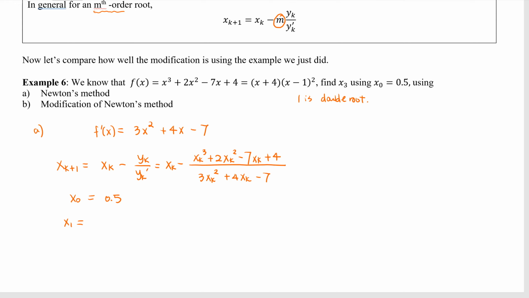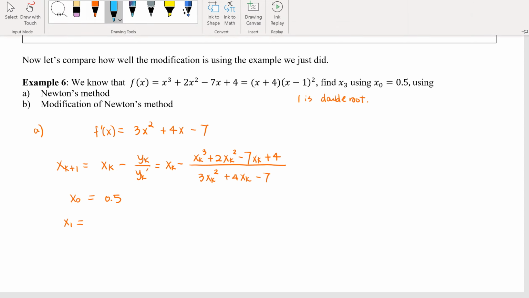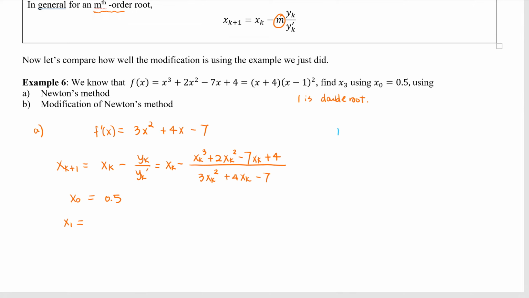Do you still remember how we use our calculator? We first put 0.5 and then enter.